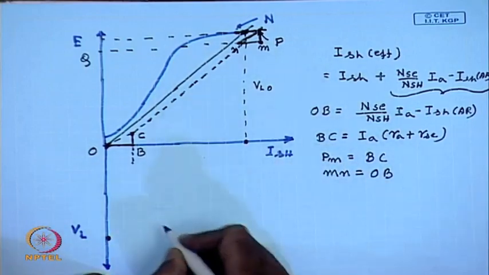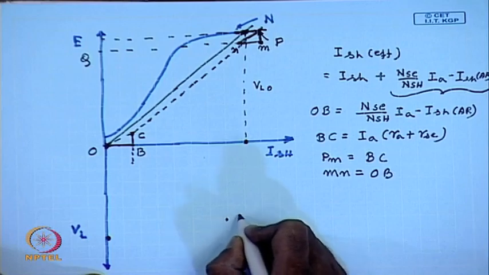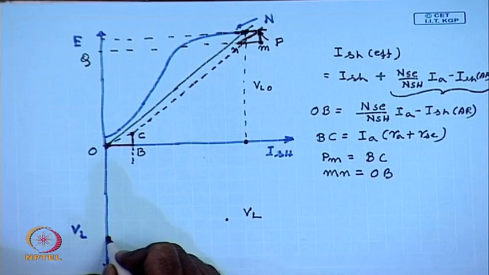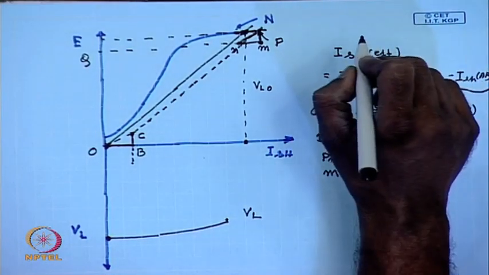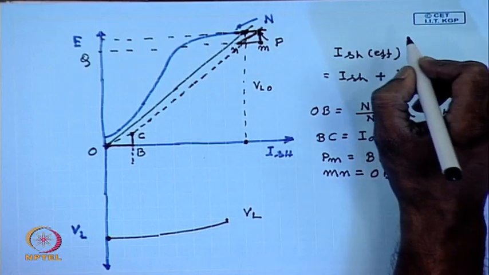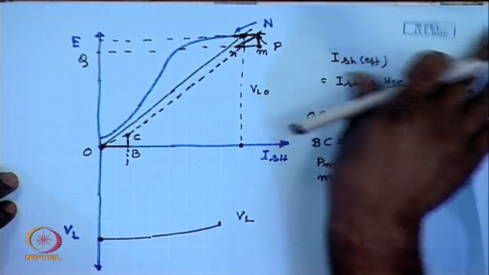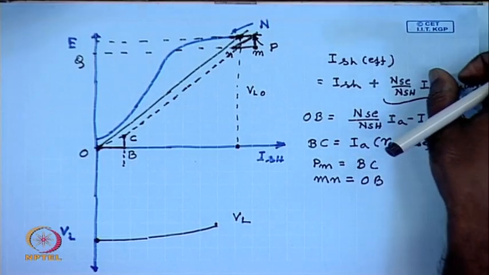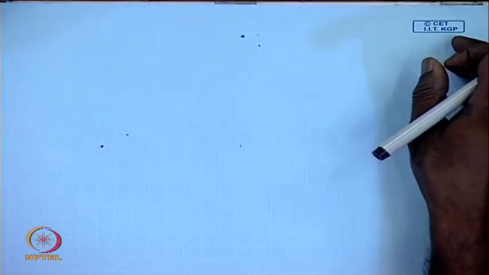So, for a given IA we can plot that point which gives the terminal voltage. In this way we can plot the terminal voltage for different values of armature current and get the output characteristics for both long and short shunt connection and for both cumulative and differential compound generators.